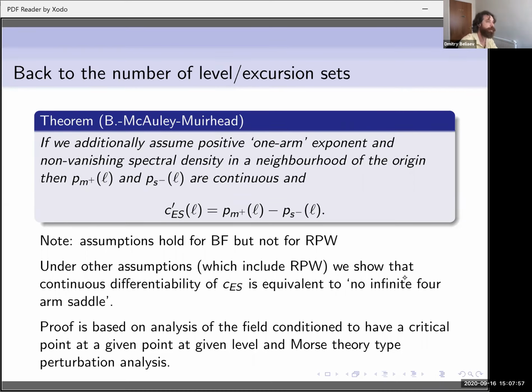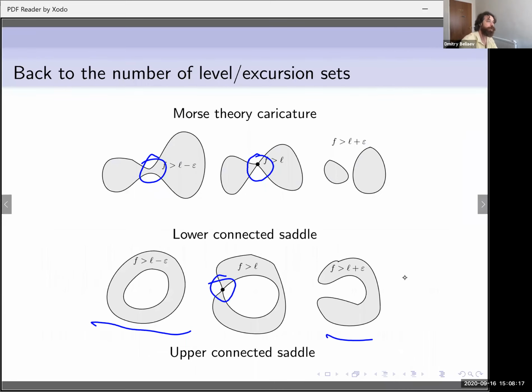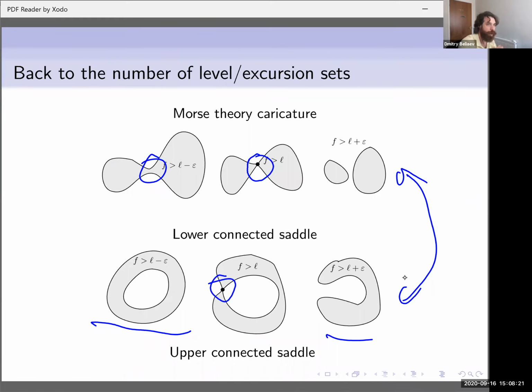It's not quite obvious what it means in terms of the covariance kernel. And then under these assumptions, you can say something about how all saddles split into lower connected saddles and upper connected saddles.